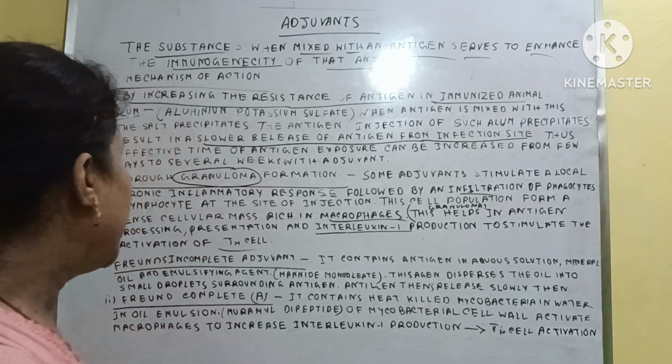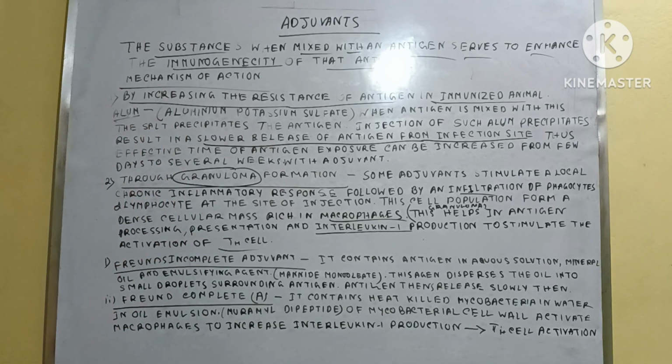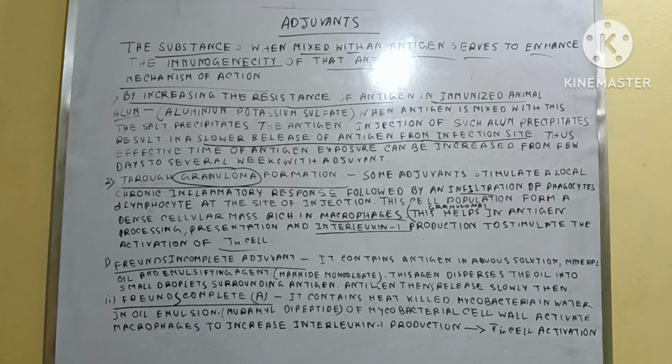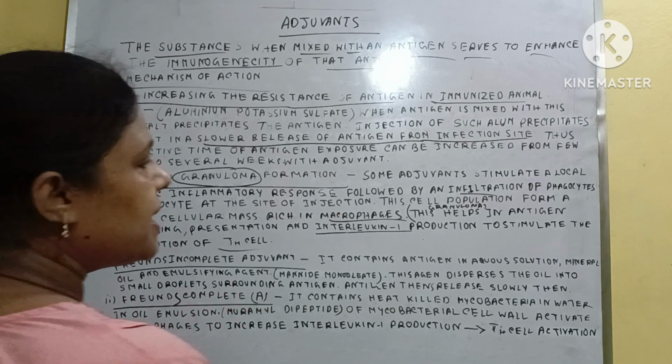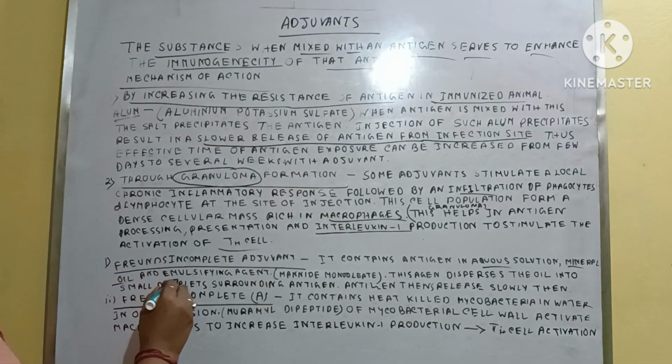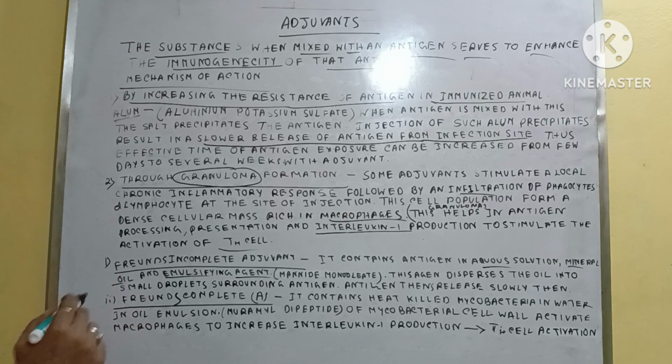Here two types of adjuvants are there. One is Freund's incomplete adjuvant, another is Freund's complete adjuvant. Freund's incomplete adjuvant generally contains an aqueous solution, mineral oil, and an emulsifying agent. What is the emulsifying agent?